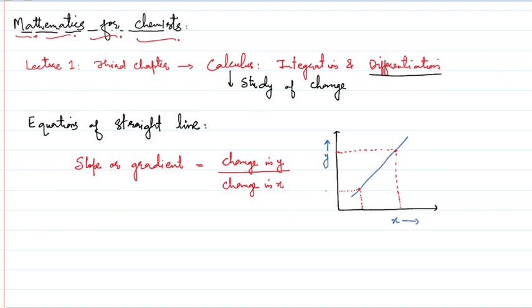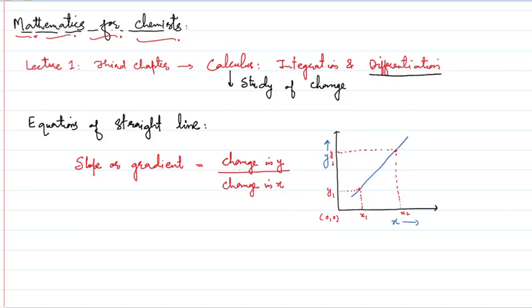Suppose this is y1 and y2, and this will be x2 and x1. This is the higher value, this is the lower value. Similarly, this will be the origin, or you can say the 0 0 coordinate. At this point, x is equal to 0, y is equal to 0.